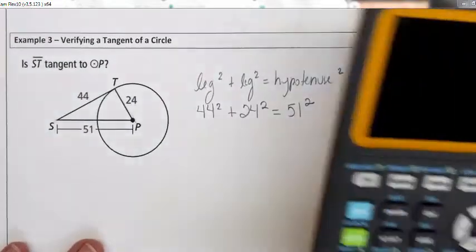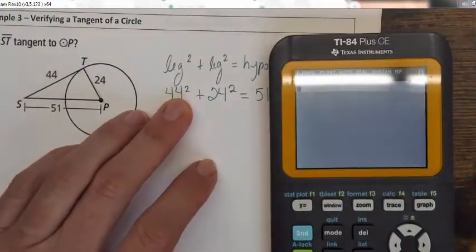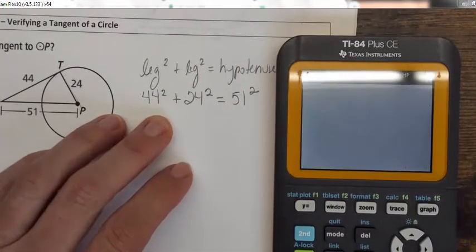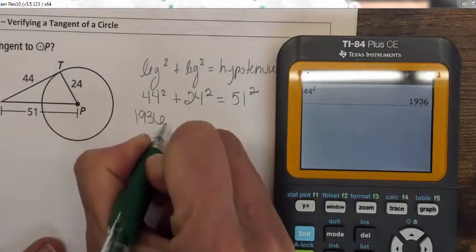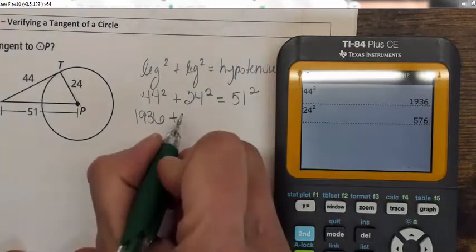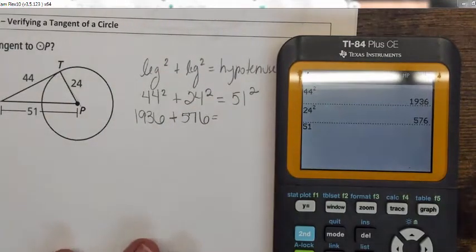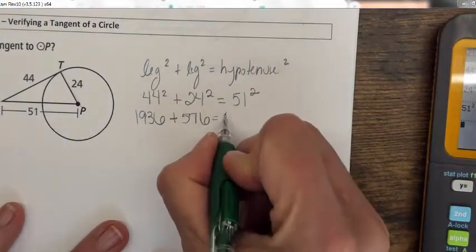So let's do the math on this. And I'm just going to use my calculator. So 44 squared gives me 1936. And then 24 squared gives me 576. And 51 squared gives me 2,601.